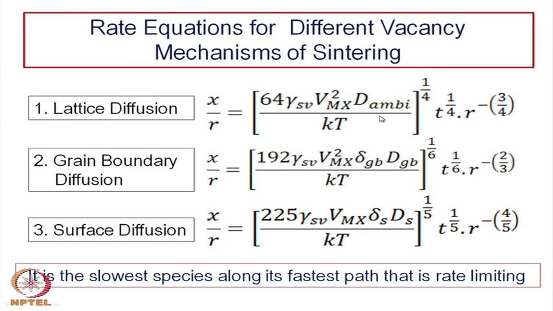We also noticed that because lattice diffusion is a volume diffusion, there is absolutely no constraint so far as the area of diffusion, or the area of the flux, is concerned. Whereas in these two mechanisms we have thin surfaces through which the diffusion takes place, and therefore, the area becomes important.